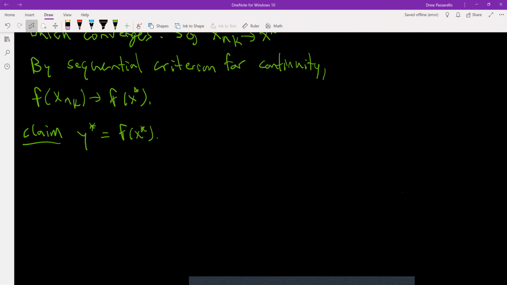All right, so we need to show that the absolute value of the difference of y star and f of x star is less than epsilon if they're going to be equal to each other. So we need to show that for all epsilon, the absolute value of y star minus f of x star is less than epsilon.